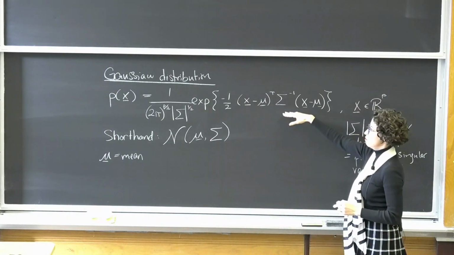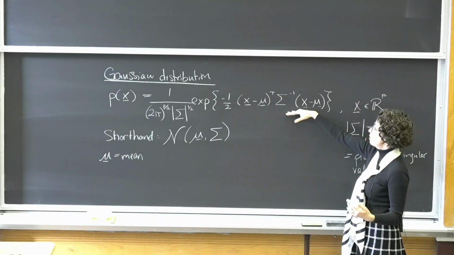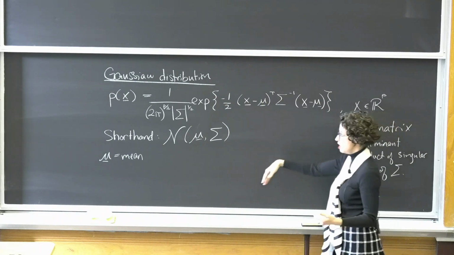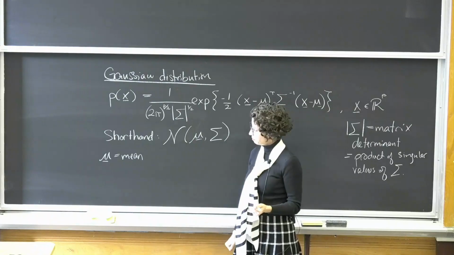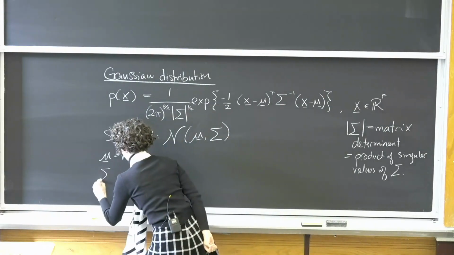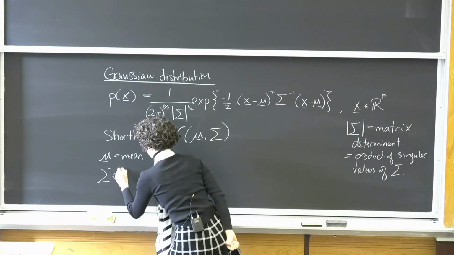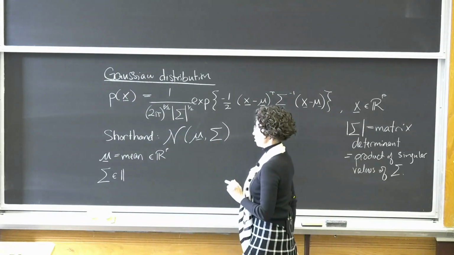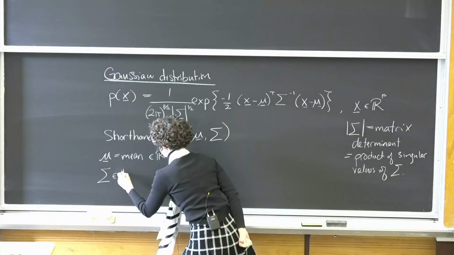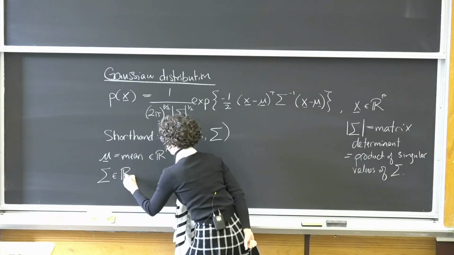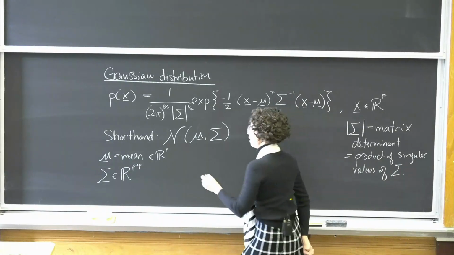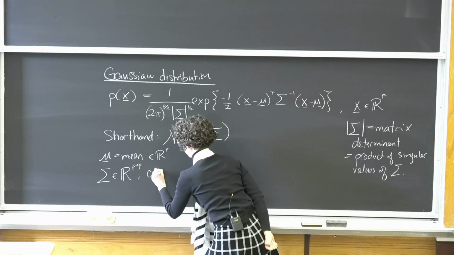So if I were to draw an infinite number of x's from this distribution and compute their average, that would end up being mu. The mean is also p-dimensional, the same dimension as x. Sigma is going to be a matrix, and it's going to be p by p. This is the covariance matrix.